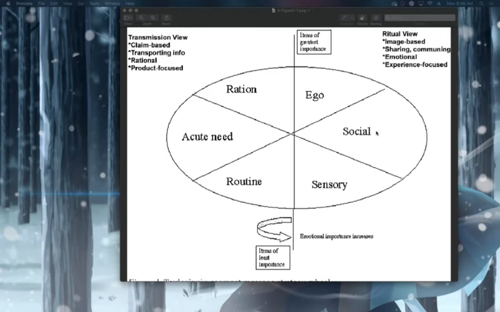Now there's another area that I've argued where social comes in, and it's social with the person who's making the message. So this comes up in a lot of influencer discourse. If an influencer comes in and says, I particularly like that product, you may feel like you just want to be a part of the community that they're a part of.